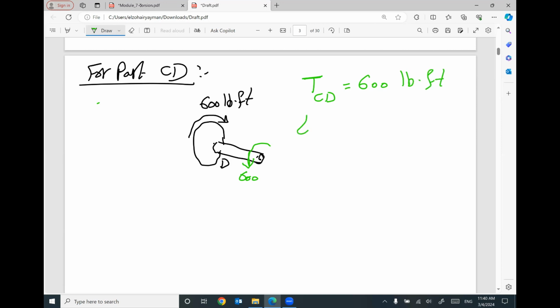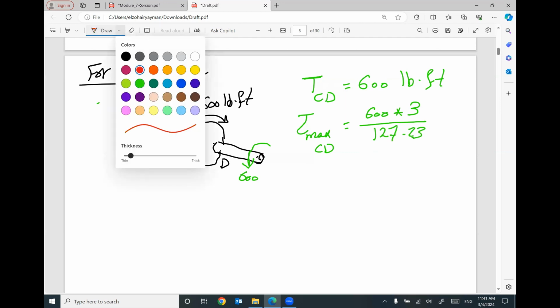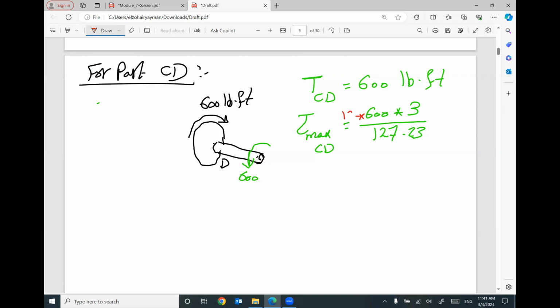That means the maximum shear stress in part CD equals the applied torque 600 times the radius 3 inch, divided by J. And keep in mind, I have to multiply this torque by 12 because it's in pound foot.